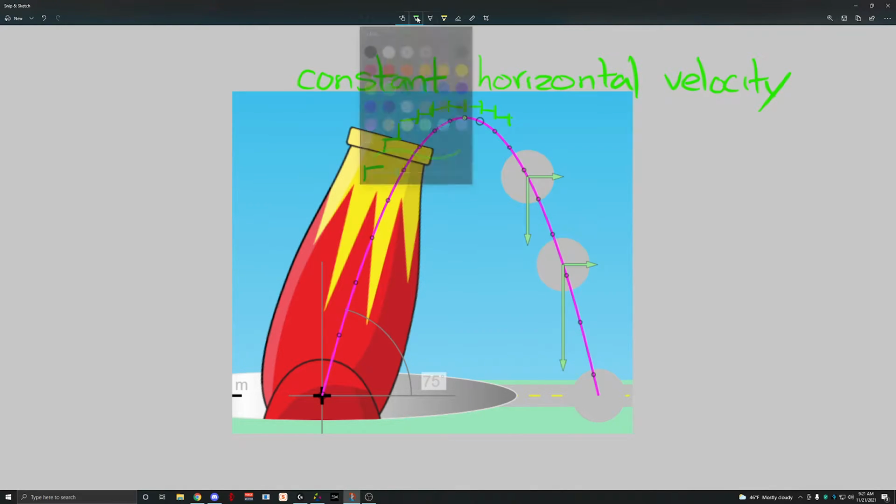But let's take a look at our vertical velocity, starting down here.